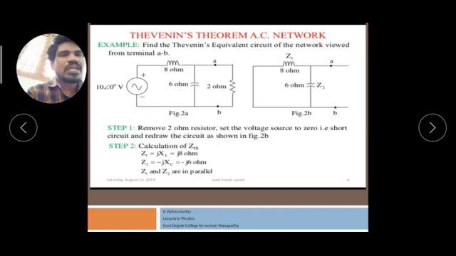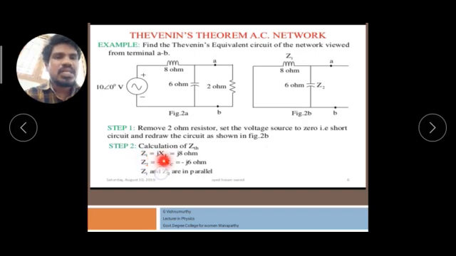First we are going to remove the load resistance across the AB terminal, so the 2 ohm resistance will be removed. Then, looking from the AB terminal, we find the Thevenin impedance. So remove the 2 ohm resistor, set the voltage source to 0, that is short circuited, and redraw the circuit as shown in 2B. Therefore we calculate ZTH.